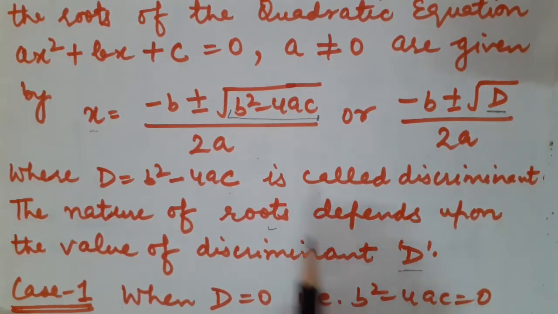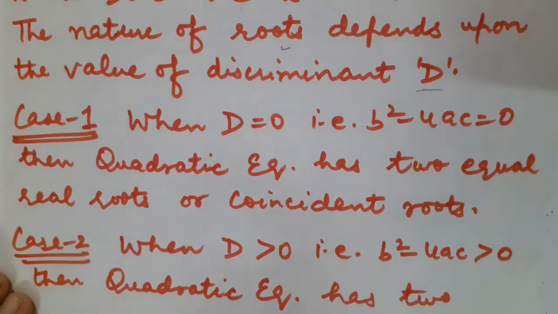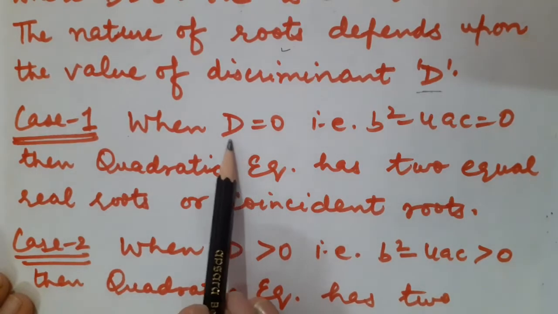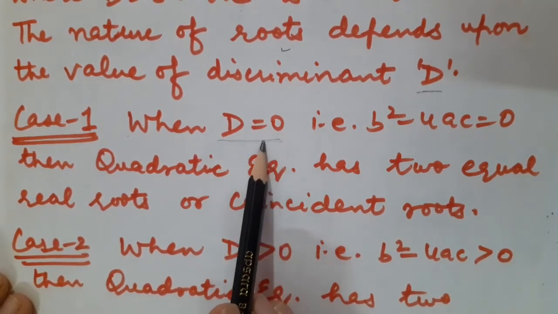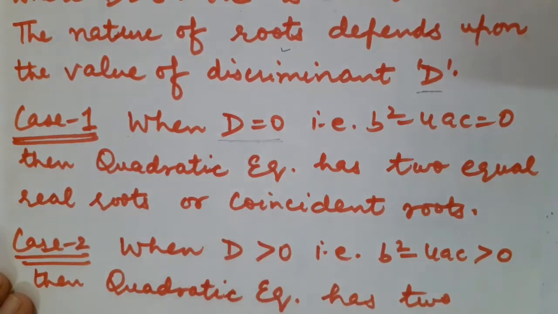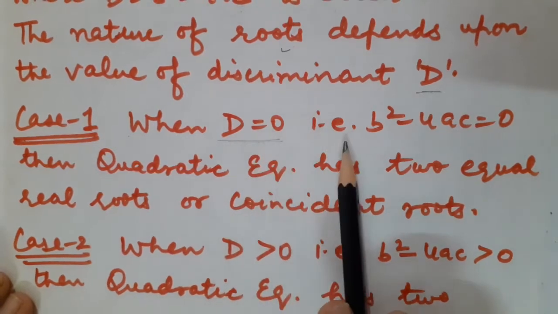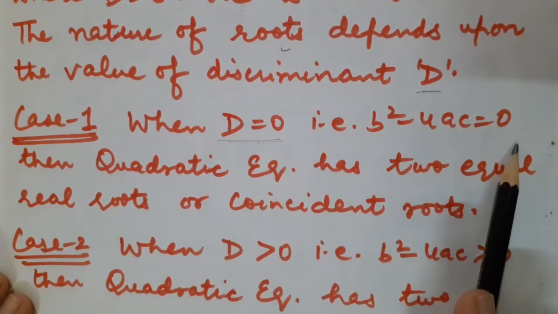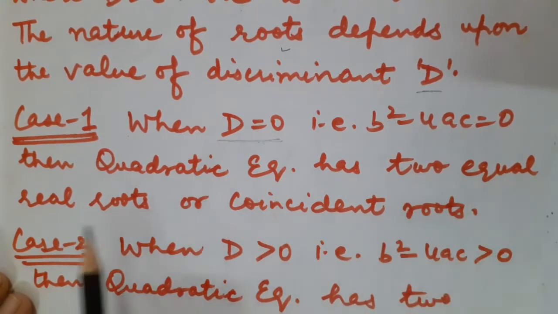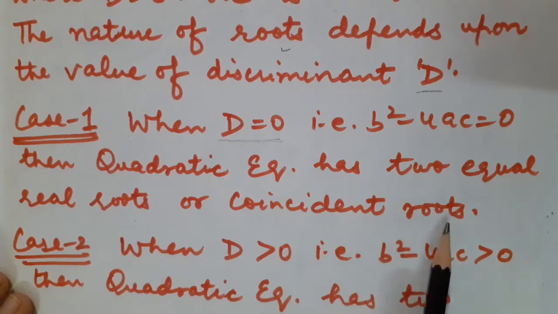And what is d actually? That is b square minus 4ac. Let us discuss the 3 cases, because on the basis of d only we can tell the nature of the roots. Case number 1, when d is equal to 0, that is b square minus 4ac is equal to 0, then the quadratic equation has 2 equal real roots, or I can even call them coincident roots.